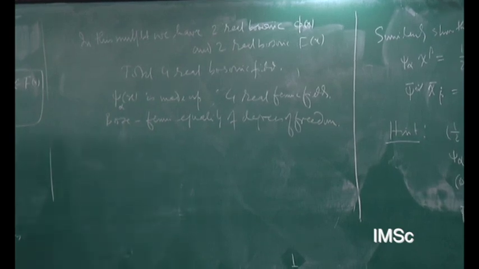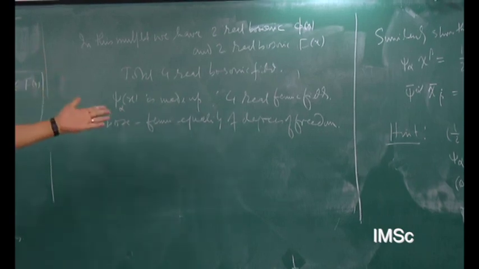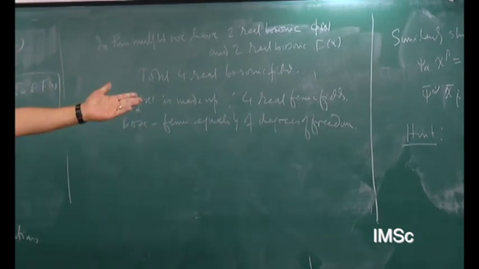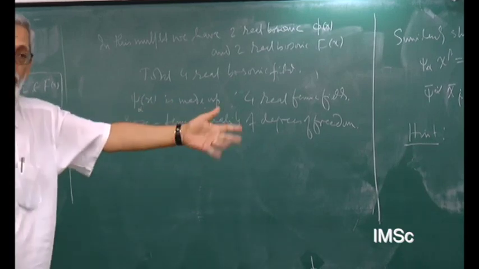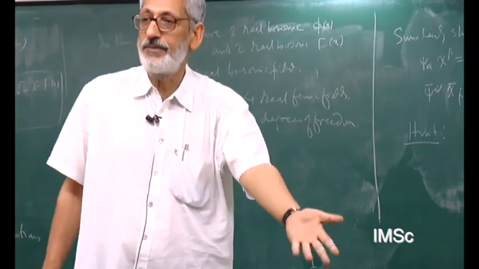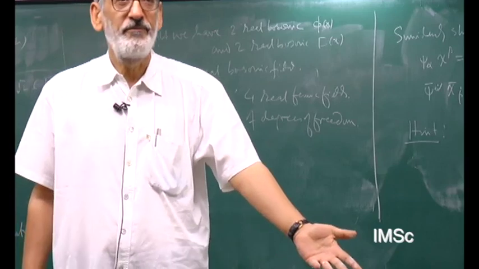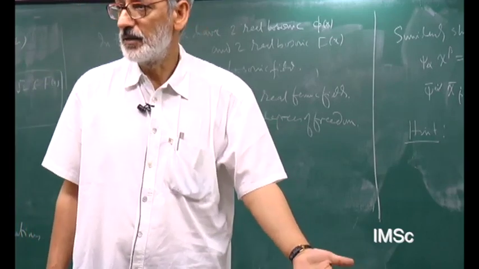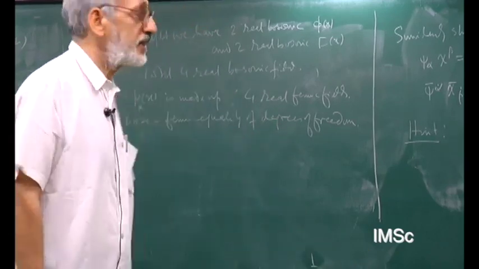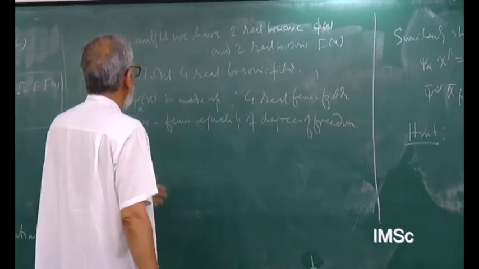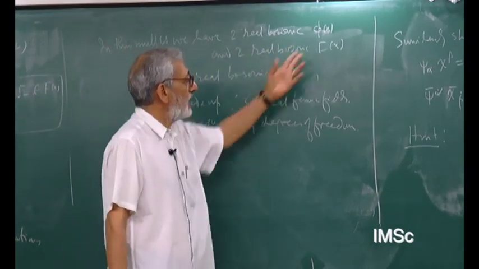Right? Now, in this count, we have counted f degrees of freedom also, which means we have not used the constraint equations to tell you that f is not an independent field. We have counted f as an independent field. We have also not used the dynamics that phi and psi have.